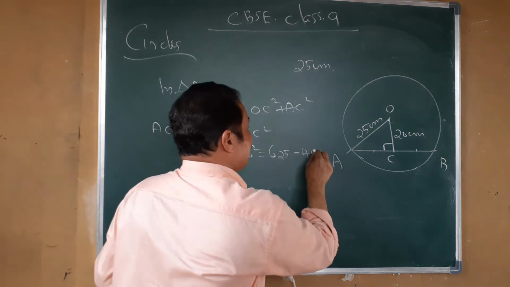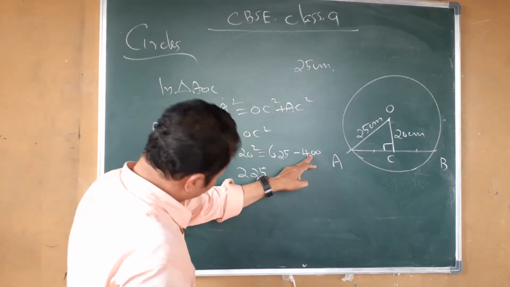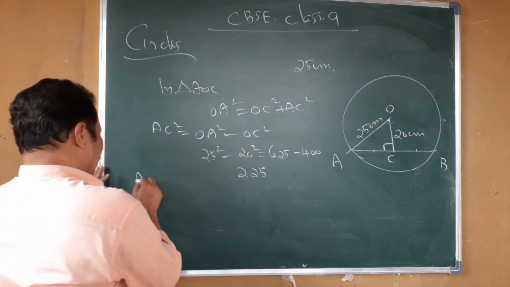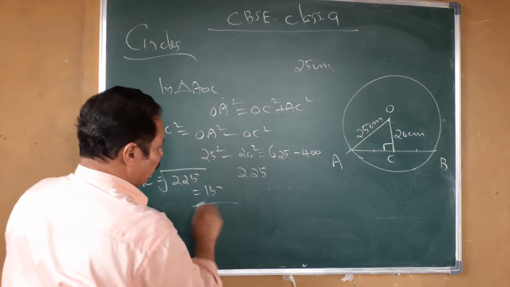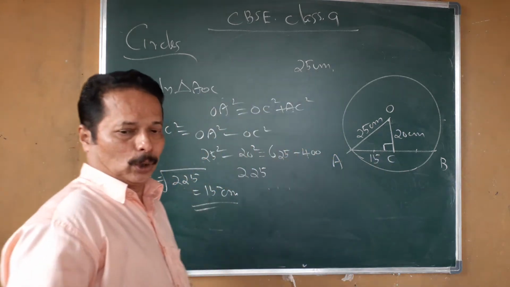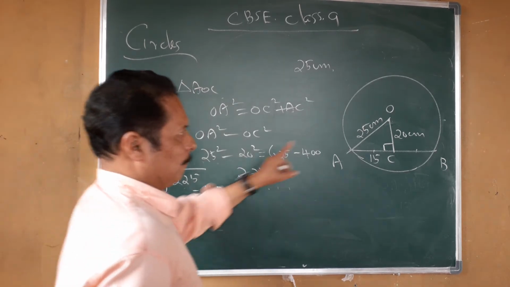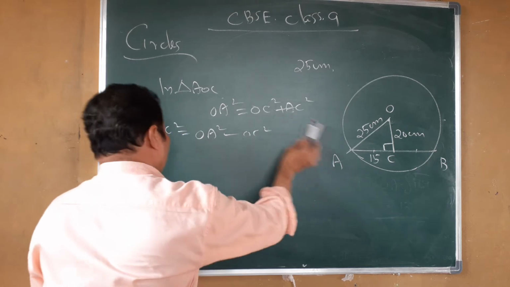Square of 20 is 400. If you subtract it, you get 625 minus 400 equal to 225. AC square is 225. AC equal to root of 225, so AC equal to 15. Is it clear? By Pythagoras theorem.